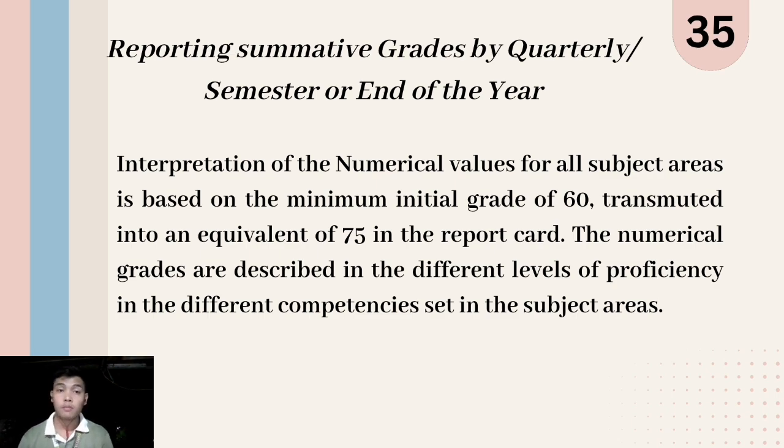For approaching proficiency learners, we have 80 to 84%. And for developing learners, we have 75 to 79%. In the case of beginning learners, we have up to 74% and below. So that is how we report our summative grades by quarter or semester or the end of the year.